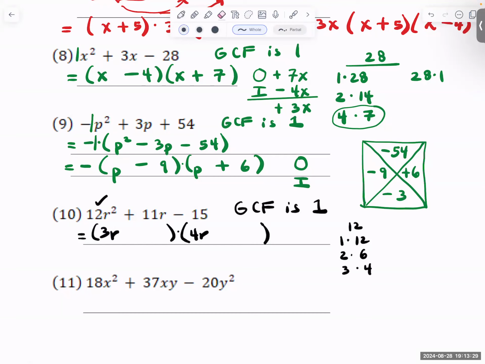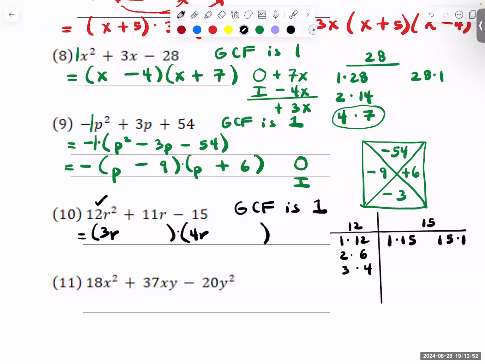Now we go to -15. Let's just talk about 15 for now. So 15 can be factored as 1 times 15 or 15 times 1. The order is going to matter because we had 12 as a leading coefficient.